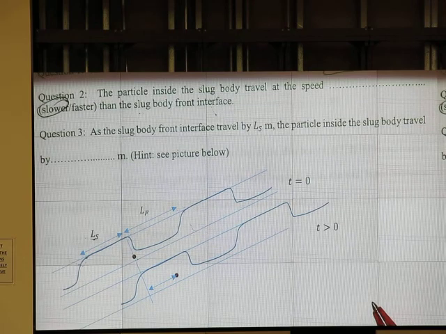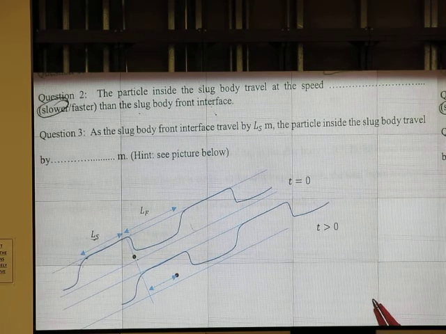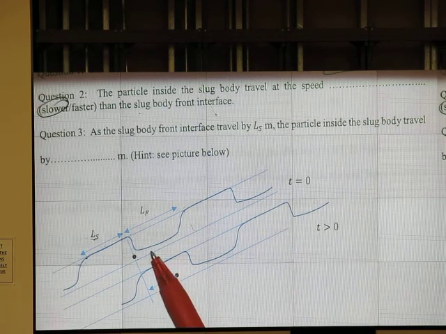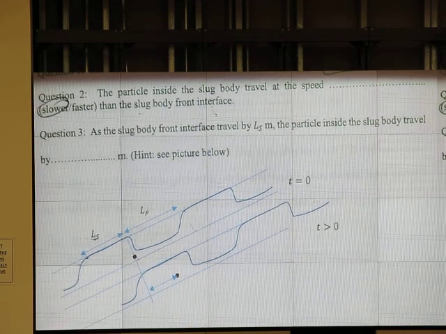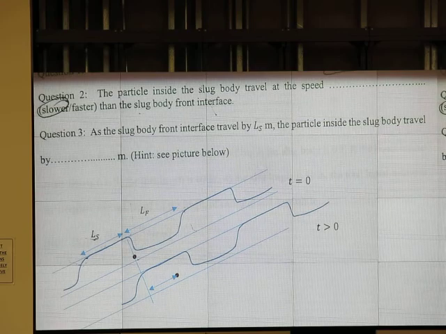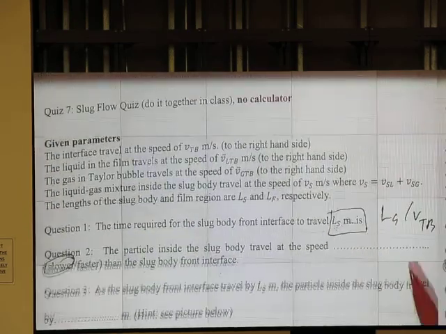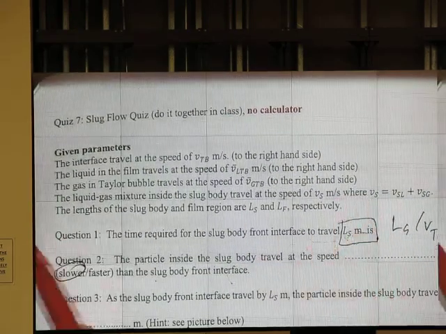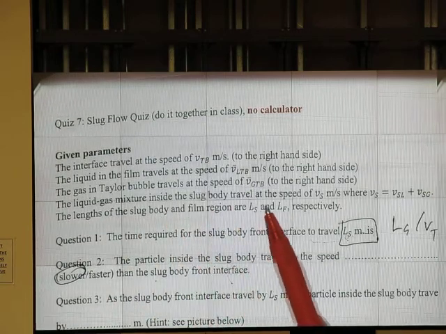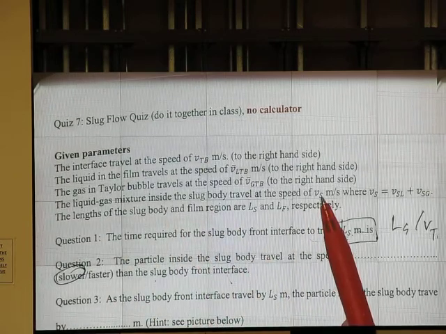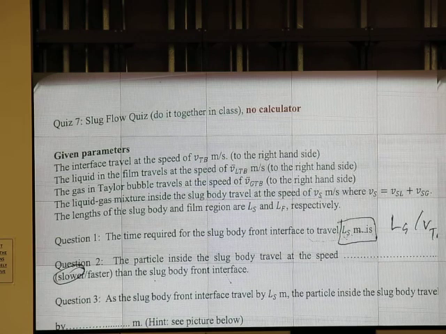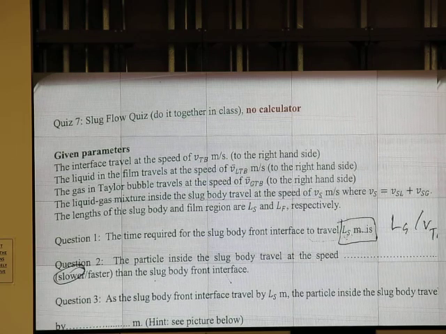The amount of time that the front takes is Ls over VTB. The solid particle inside the slug moves at what speed? Vs, right? The mixture velocity over here, Vs. The gas-liquid mixture inside the slug body travels at the speed of Vs, right? So time multiplied by velocity will give me length.